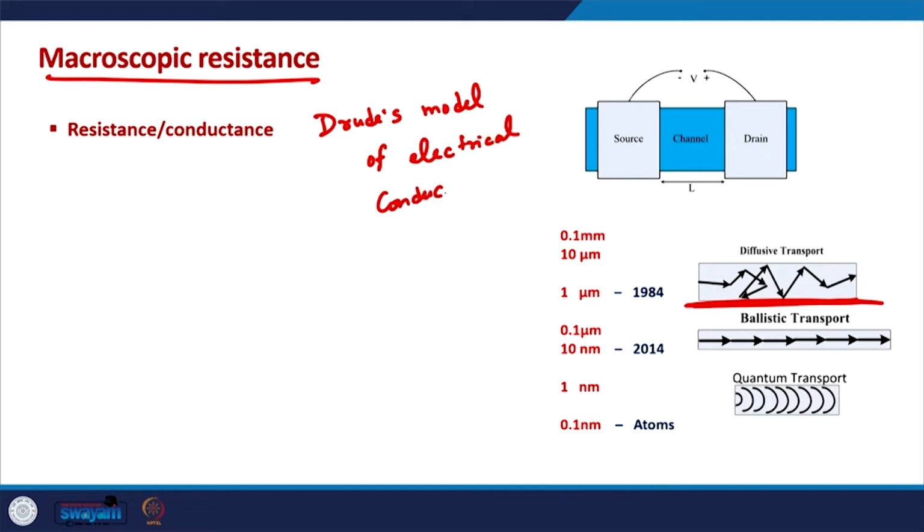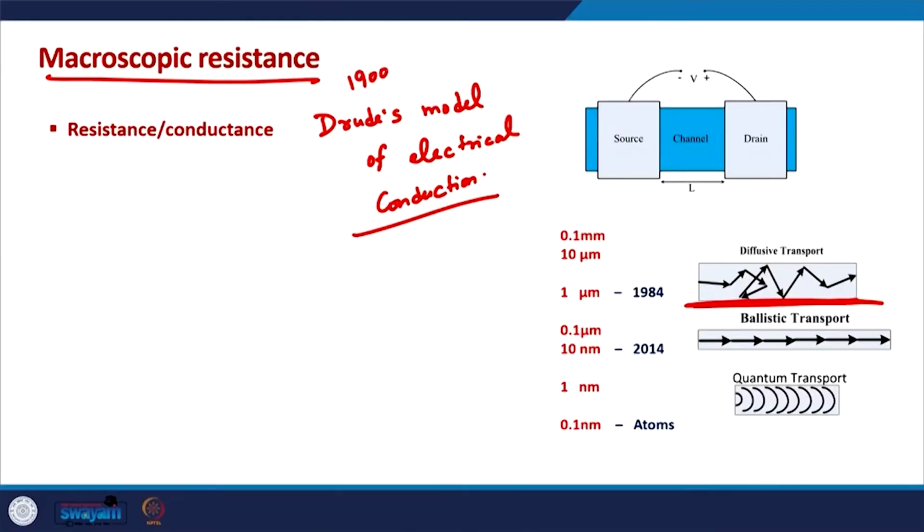This model of electron transport was given by Drude in 1900, exactly 1900 actually, and just to put things in perspective, that was the time when the electron was discovered. The electron was already discovered, but the structure of the atom was not well known.